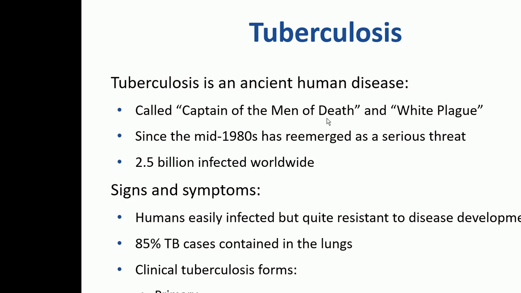When tuberculosis is affecting our lungs, then it is called pulmonary tuberculosis. Okay. So 85% of the TB cases are contained in the lungs. Clinical tuberculosis can form primary, secondary. Secondary is the reactivation or reinfection, or the last one is extrapulmonary, when it goes outside the lungs.